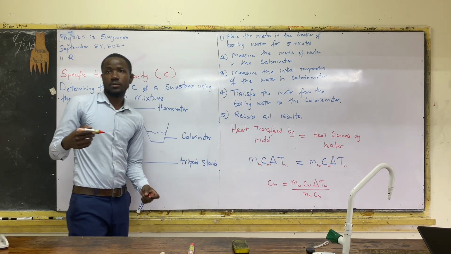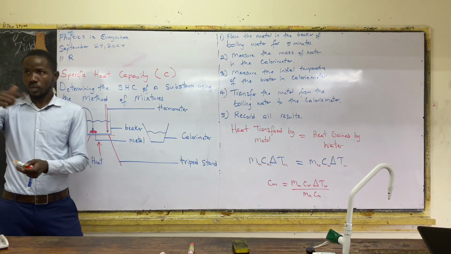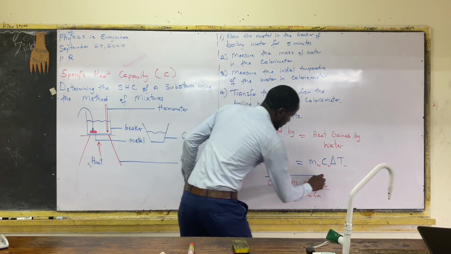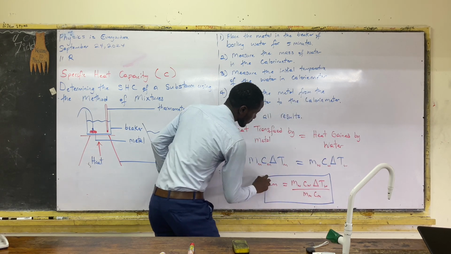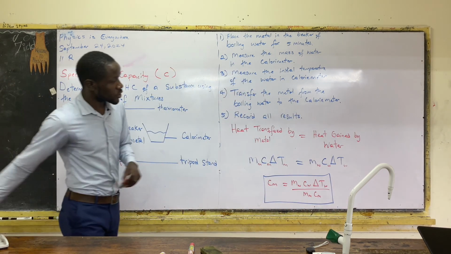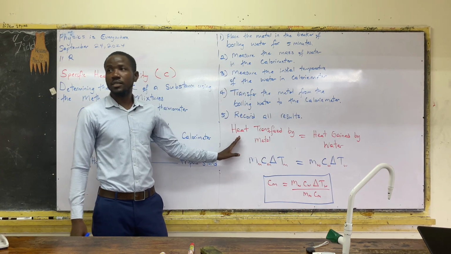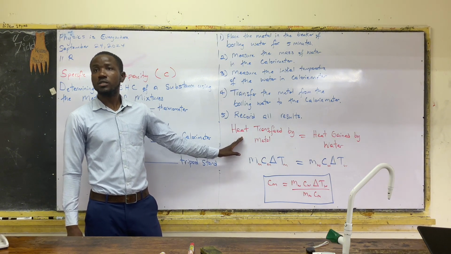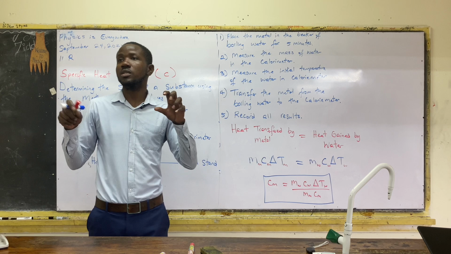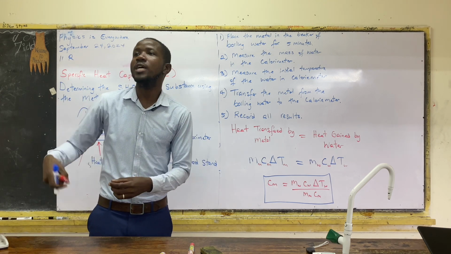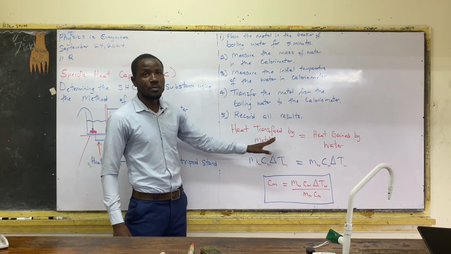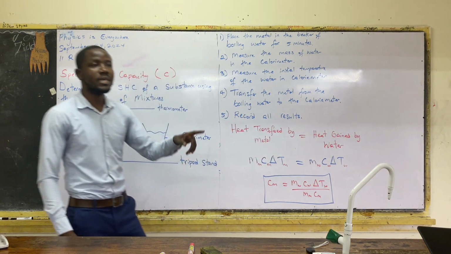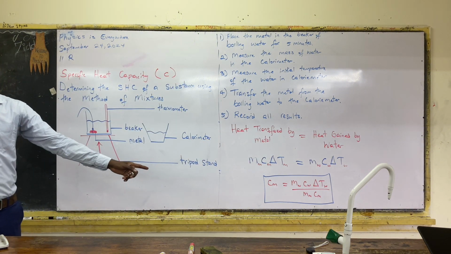Somebody still doesn't understand? Okay, I'm going to make sure I go over it before you go. So we have this right here. We're saying, students, that the heat energy that will be lost, quote unquote, because it's not really lost, it's really transferred. So the heat energy transferred by the metal will be equal to whatever heat energy is gained by the water.